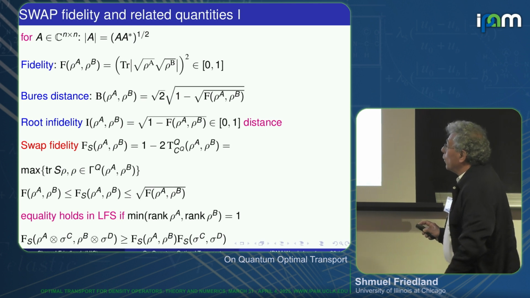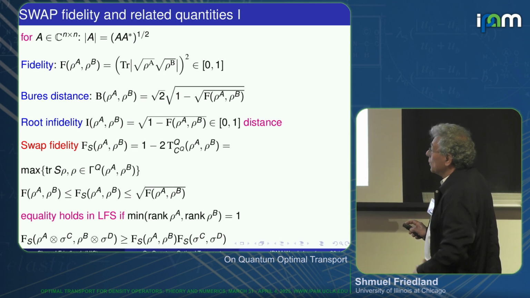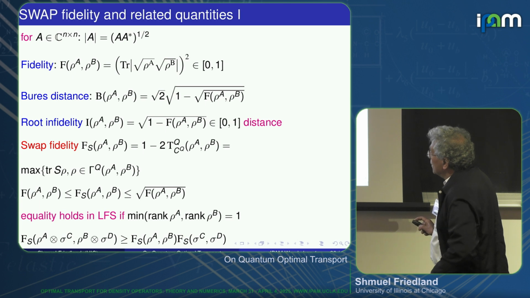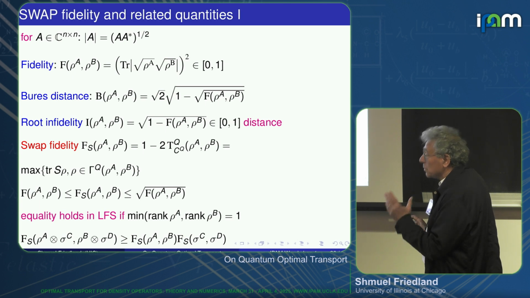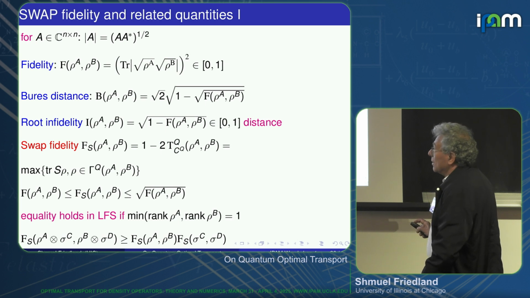So the fidelity of rho and sigma is exactly the Uhlmann-Jozsa fidelity. Now take the square root of rho sigma. This is not a Hermitian matrix, so you take this one and square it. Then you can show that if you take the square root of that, as in the scalar case of probability, this is going to be a distance. This is called the Bures distance in quantum mechanics.